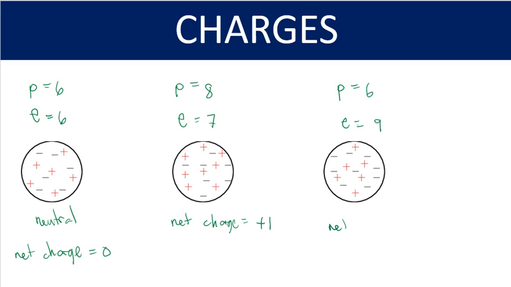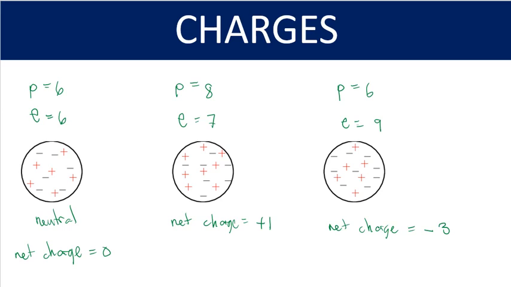The net charge here is going to be negative because there are more electrons than protons. Now I see that there are 3 more electrons than protons, so it's going to be a minus 3 net charge.